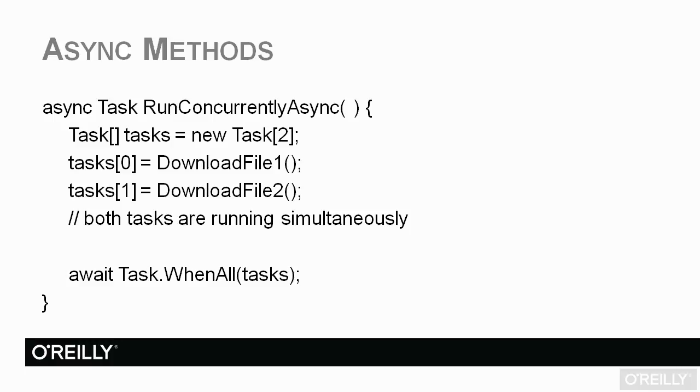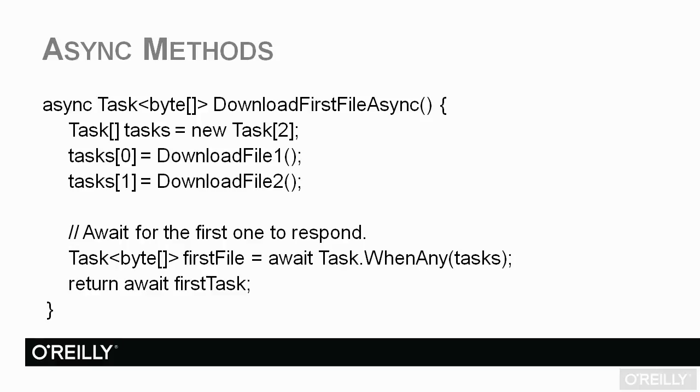So if you have, for instance, like this, a multi-file download, and you don't want to return to the user until all of the files are downloaded, this works perfectly for that kind of idea. We can also do a similar thing, but we can get the first one. So if we have two tasks that we essentially want to run in the rough equivalent of a race, we can again create our task array with our two download file tasks, and then use await task.whenAny.